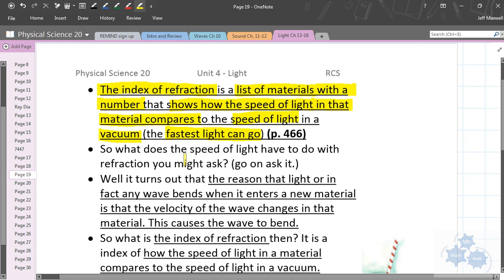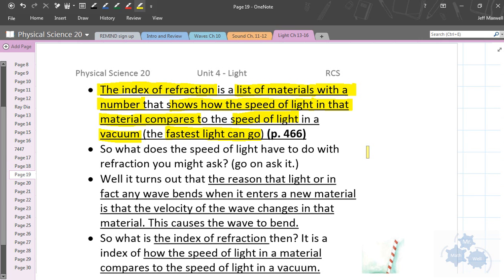And so light has a speed in a vacuum. But when it travels through air, it actually slows down a little bit. When it travels through glass or water, it slows down even more. And this contributes to the bending of light. So what does the speed of light have to do with refraction?